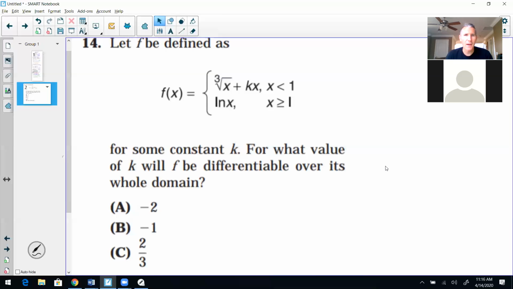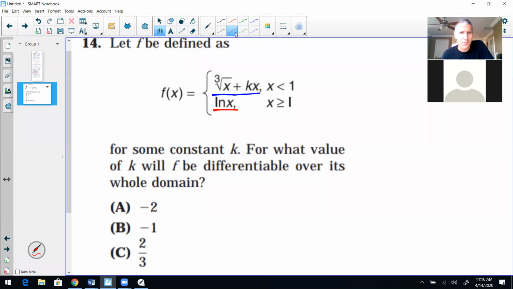Well, we already know that when x is less than 1, f of x just looks like this. That's always going to be differentiable for x less than 1. For x greater than 1, if we take ln of x, f of x is always differentiable. ln of x is always differentiable as long as x is at least greater than 0.